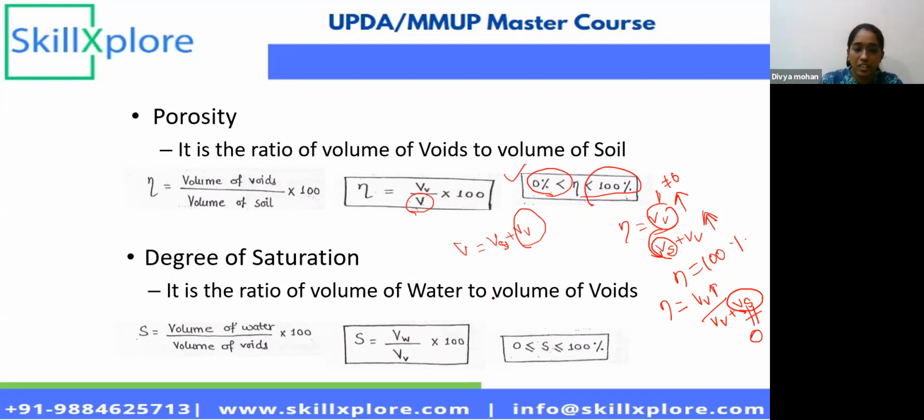And then we'll switch to degree of saturation. Degree of saturation is nothing but the ratio of volume of water to volume of voids. So here, volume of water and volume of voids. It is very clear, and I'll explain the range in it.